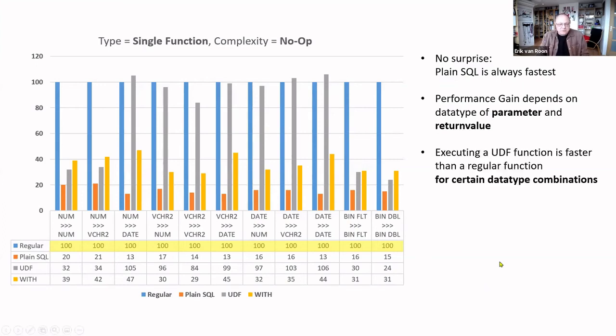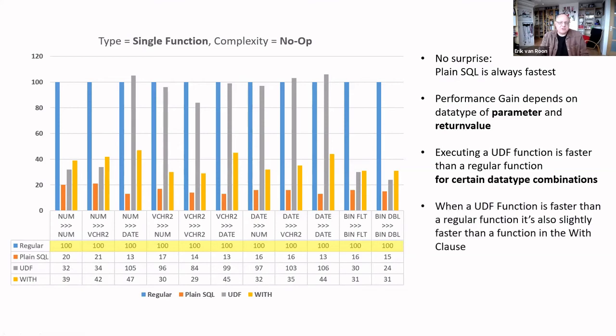The execution of a UDF function is faster than a regular function. Well, that's what you expect, but it only is true for certain data type combinations. And when a UDF function is faster, it's also a bit faster than the function in the with clause. Not a lot, but a bit.